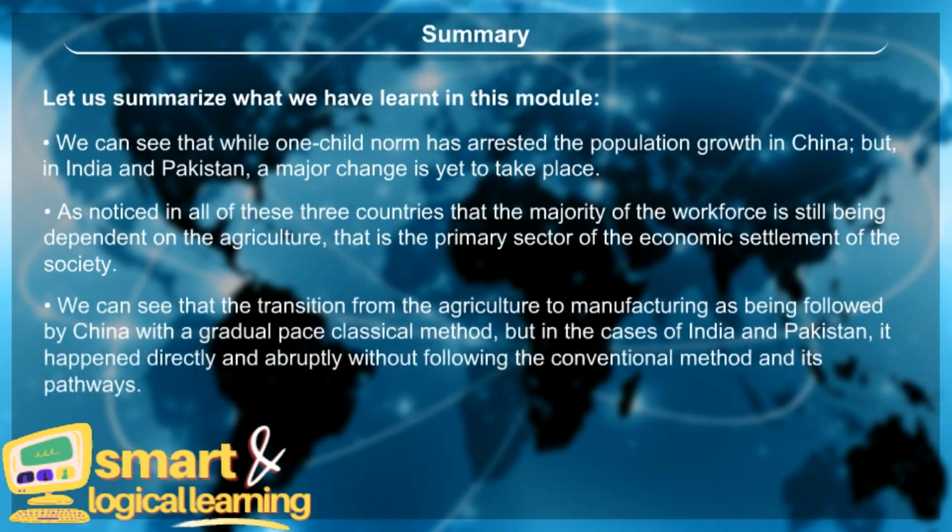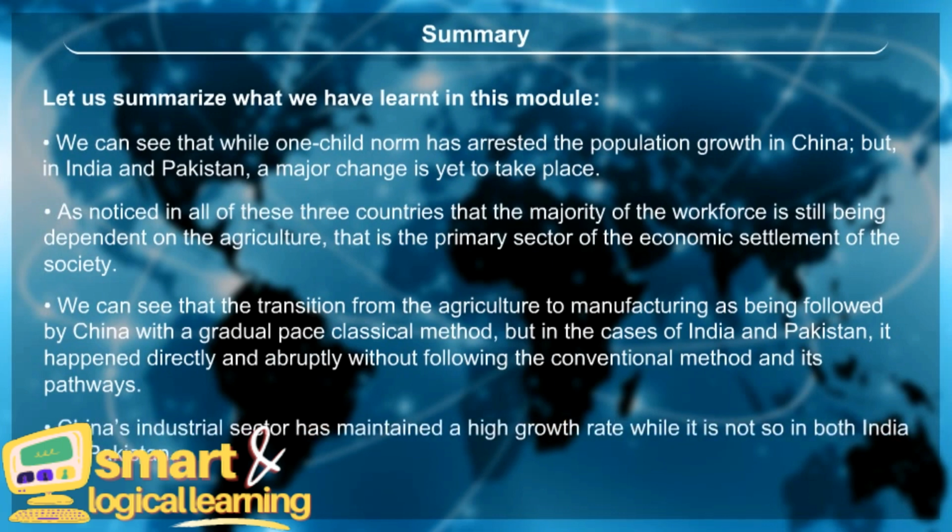We can see that the transition from the agriculture to manufacturing as being followed by China with a gradual pace classical method. But in the cases of India and Pakistan, it happened directly and abruptly without following the conventional method and its pathways. China's industrial sector has maintained a high growth rate, while it is not so in both India and Pakistan.